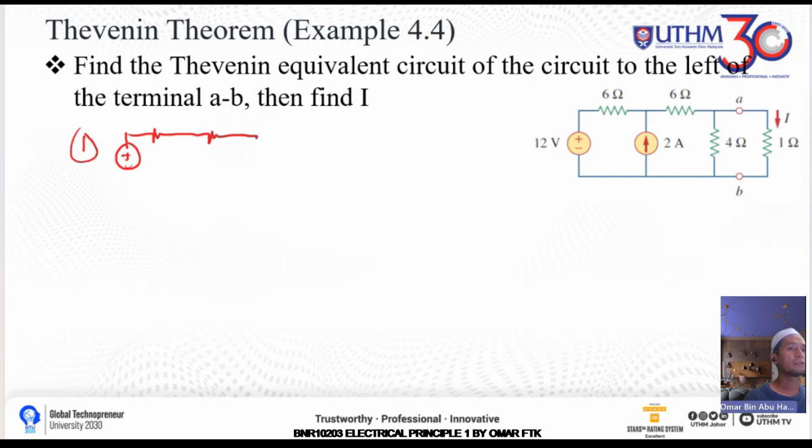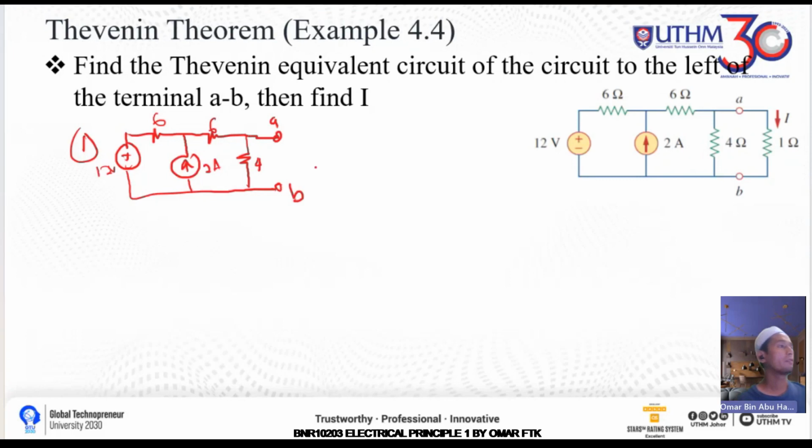We got 6 ohm, and then A. Four ohm, and then this one 6 ohm, 12 volt, and then 2 amp. Okay, so this is B.